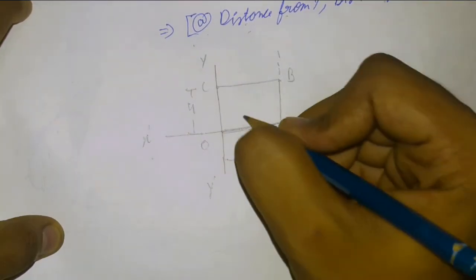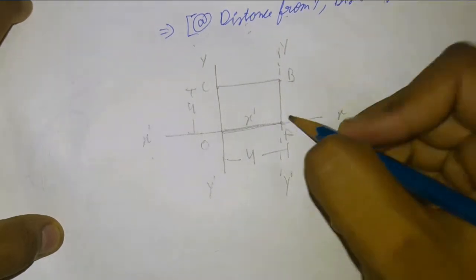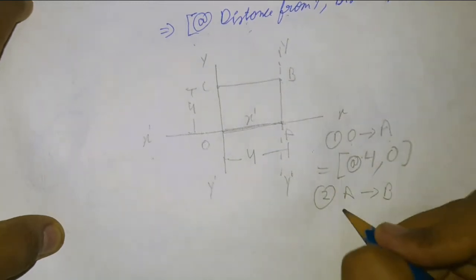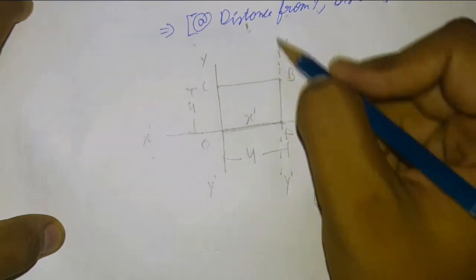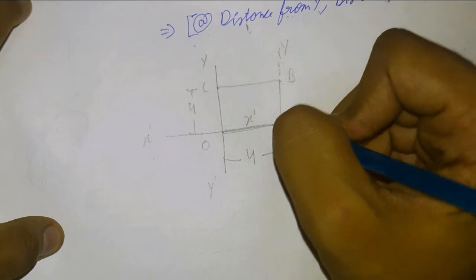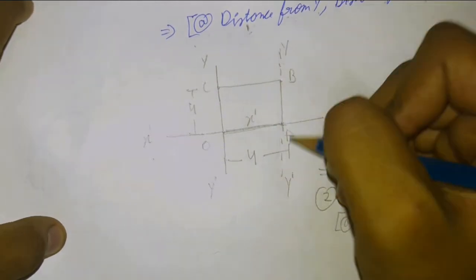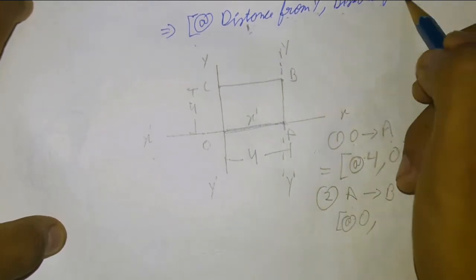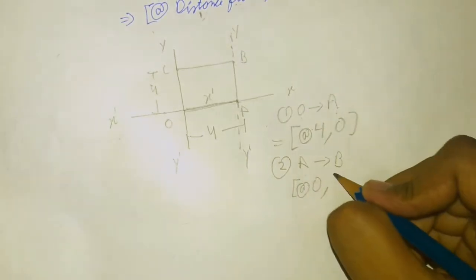This is our x dash, and this is x. So for point A to B, distance from y-axis is our 0, if we suppose this point as our origin. After that, distance from x-axis is 4.